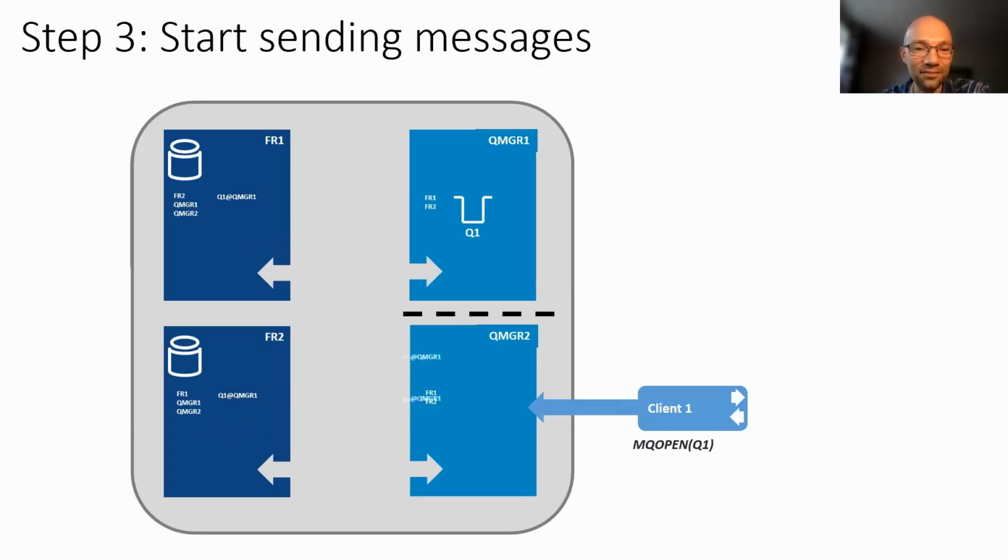It'll get the answer from the full repositories, and at that point, MQ will automatically generate a sender channel from queue manager 2 to queue manager 1 that can then be used when the application puts a message onto that queue. And the transmission queue that's being used is the cluster transmission queue. So you don't need to define either the channel or the transmission queue for the message to go from queue manager 2 to queue manager 1.